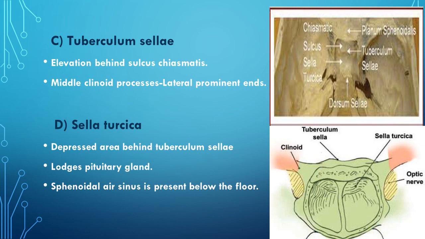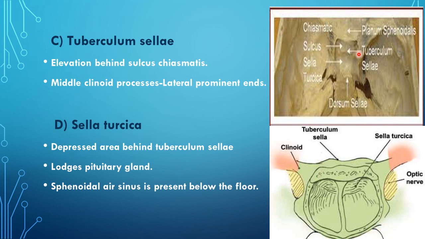Next feature is the tuberculum sellae. Here we saw the sulcus chiasmaticus. Here this was the jugum sphenoidale. Behind the jugum sphenoidale we saw the sulcus chiasmaticus, which was leading into the optic canal on either side. Just behind the sulcus there is an elevation. You see this elevation of bone?